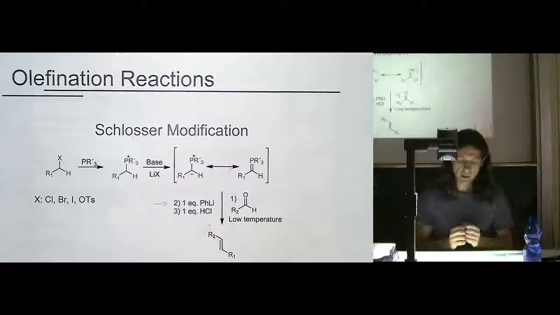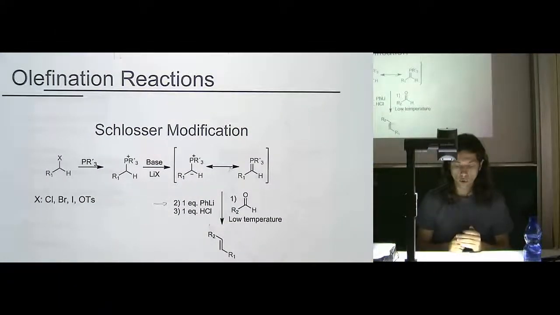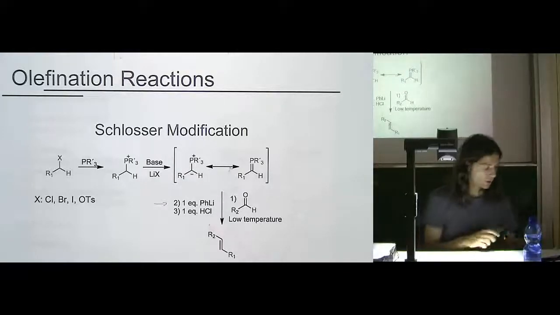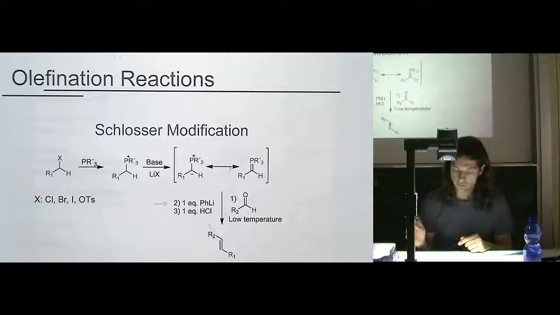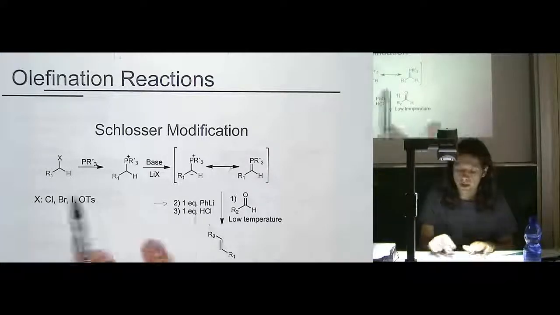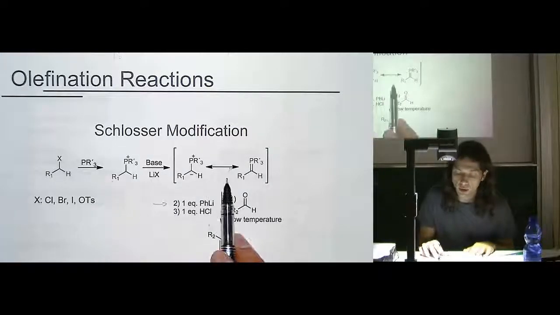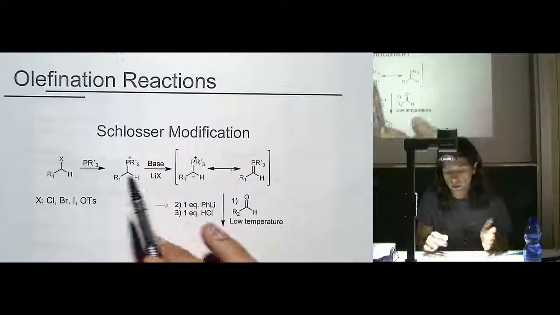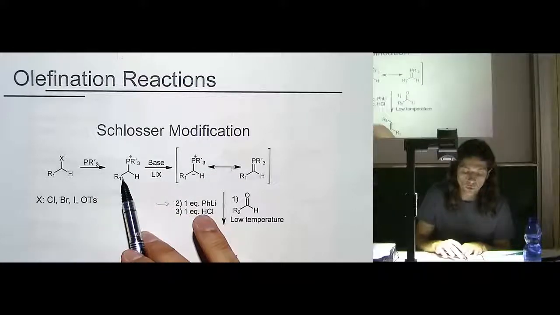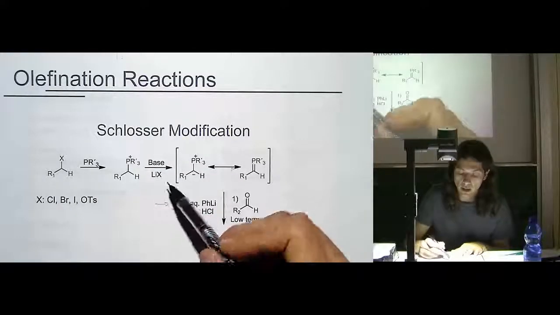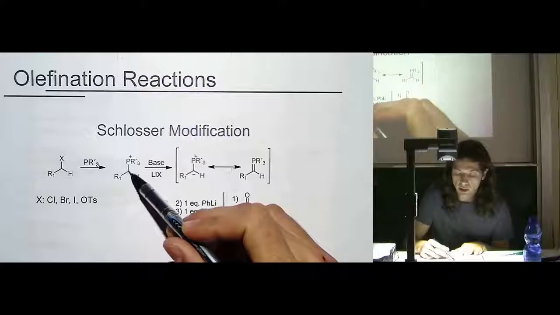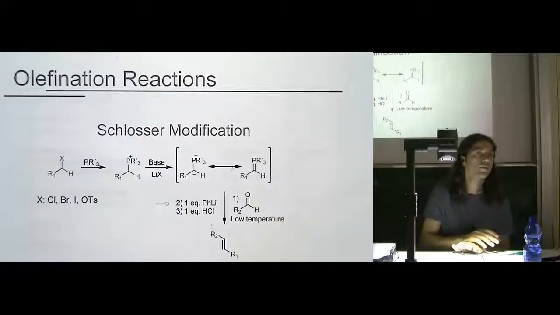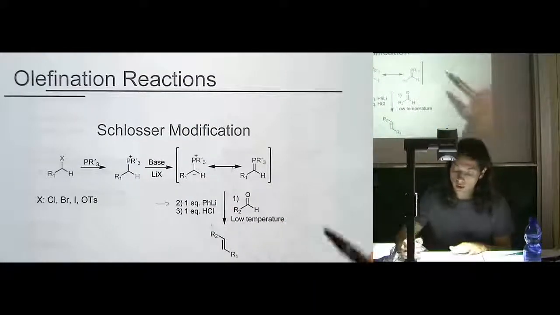So the Schlosser modification, the scheme. The reaction is more or less the same. We'll go deeper into the details of the mechanism in the following slide, but it's finally exactly the same thing. So formation of the phosphonium, the reaction of the trialkyl phosphine with this reagent here, and then the deprotonation of the center to give the ylide is exactly the same as in the Wittig reaction.